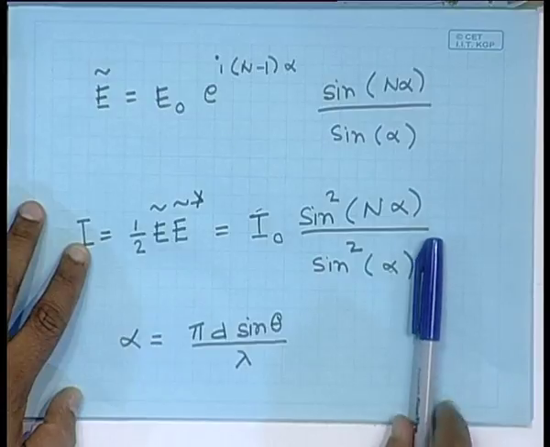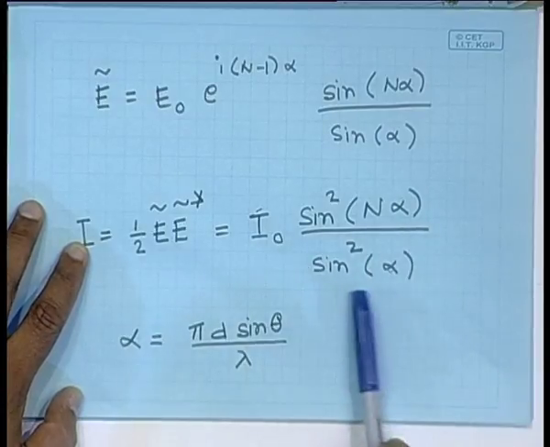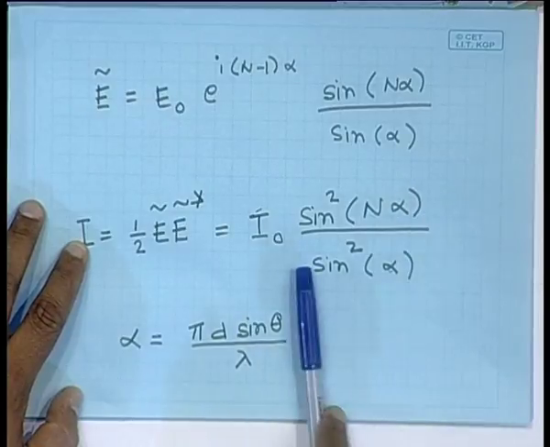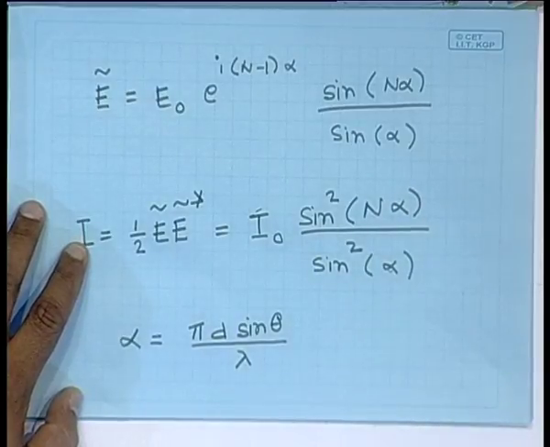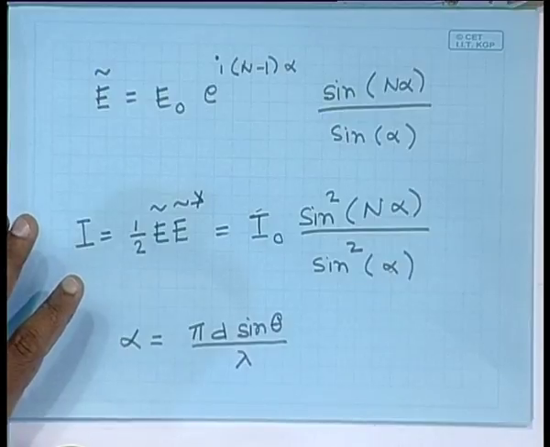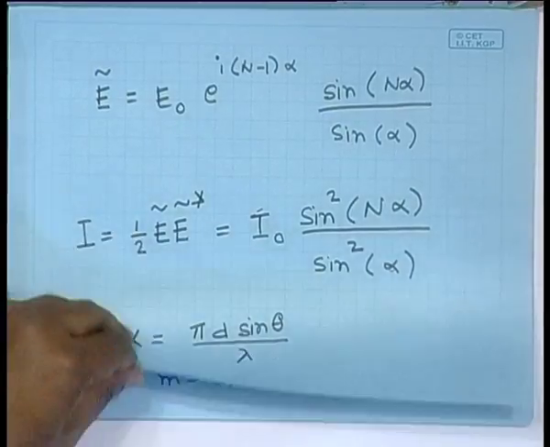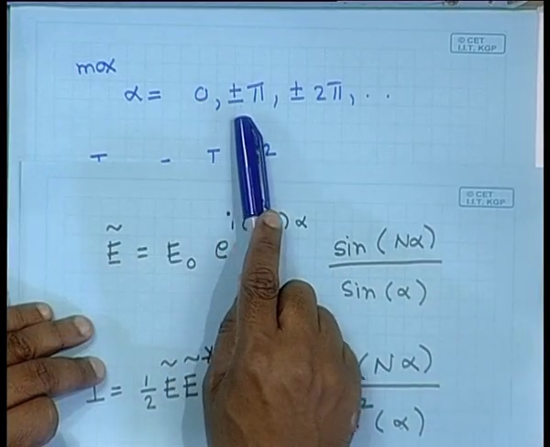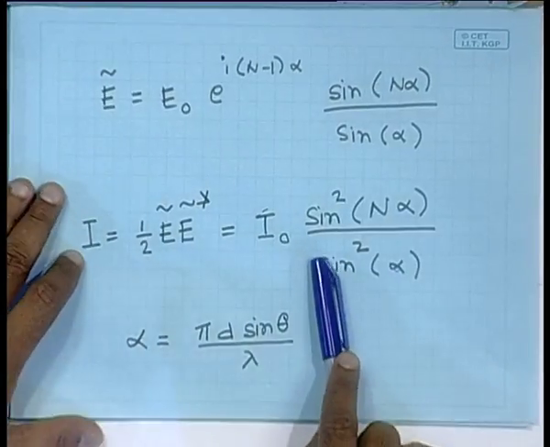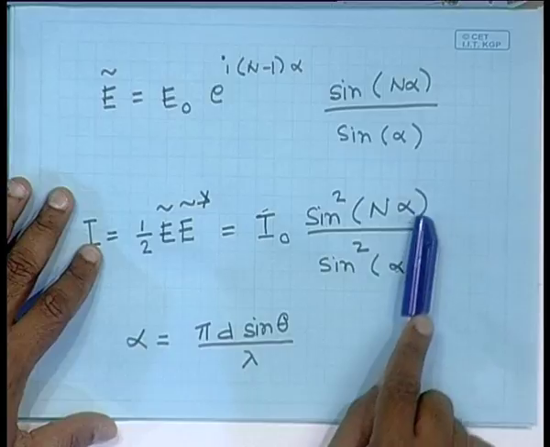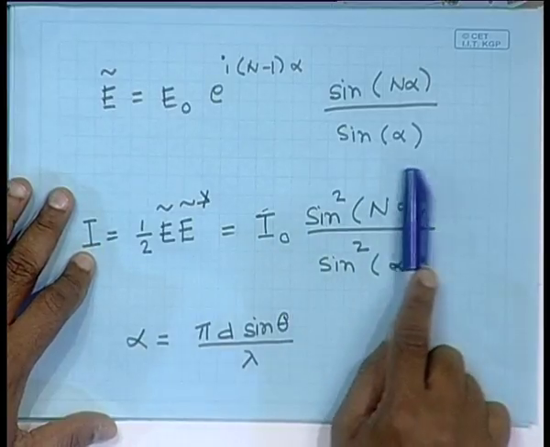Now, it is ensured that whenever the denominator becomes 0, the numerator is also 0, because the denominator becomes 0 whenever alpha is a multiple of pi: alpha 0, plus minus pi, 2 pi, etc. It is guaranteed that the numerator also vanishes, and this has a value n squared.